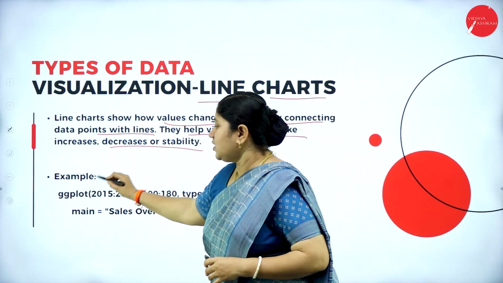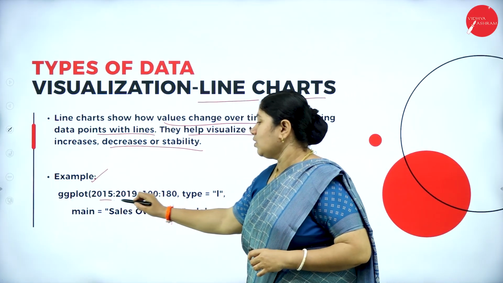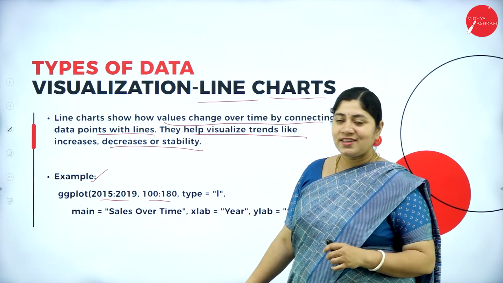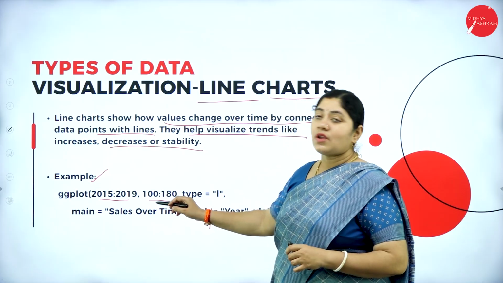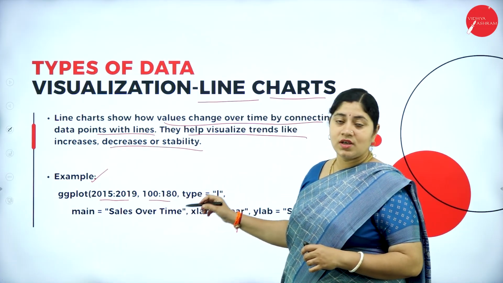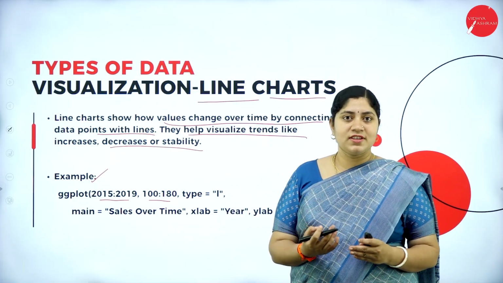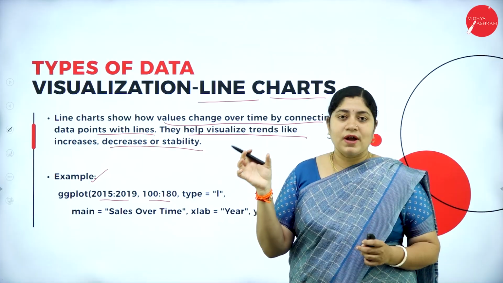Then let's see an example. Again, we are calling ggplot over here, followed by the year. So over here we are considering 2015 to 19, and we are representing a value for that, that is 100 to 180, and I have to define the type that we did in our previous example. We did define bar, correct?